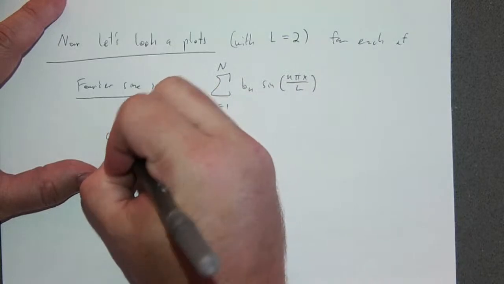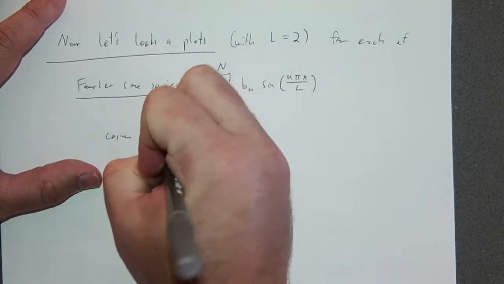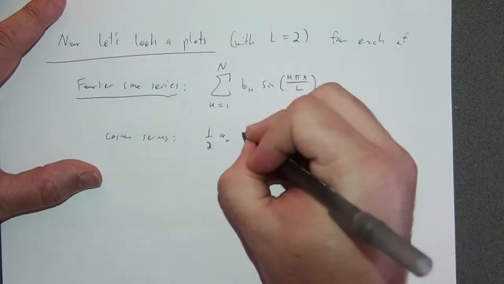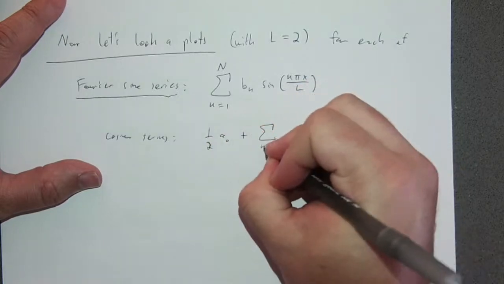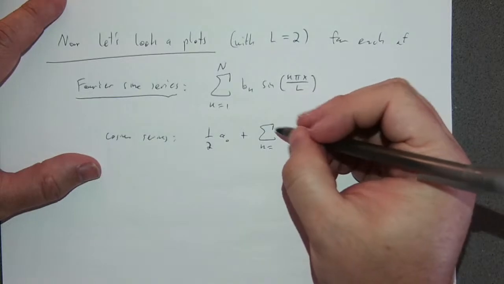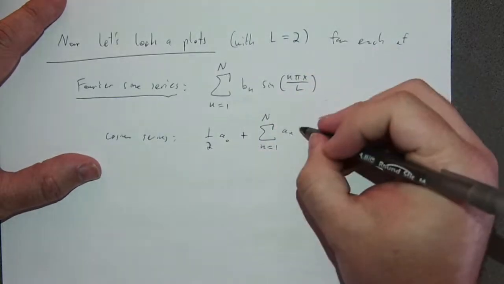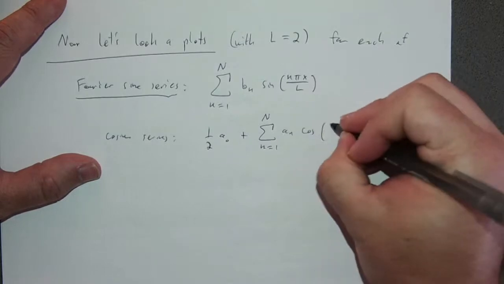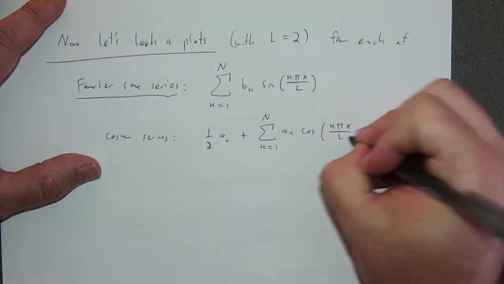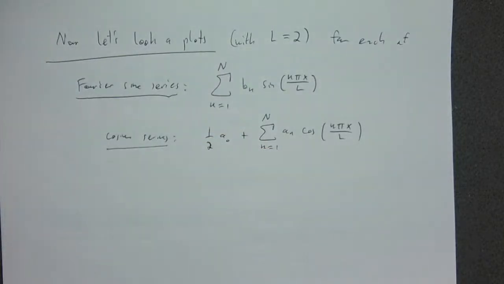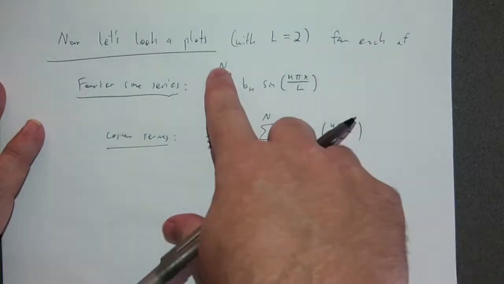For the cosine series, this would be 1/2 A naught plus the sum from n equals 1 to big N of A sub n cosine n pi x over L. And for the full Fourier series, same deal. We're just doing partial sums here.